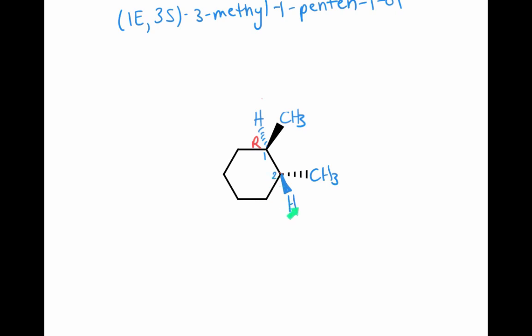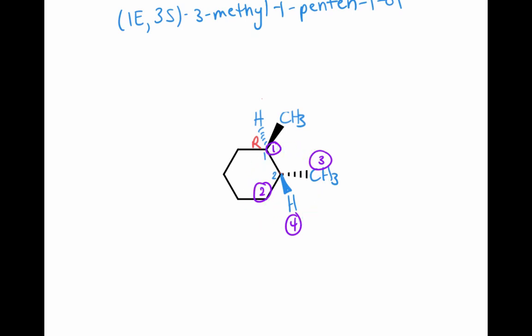Now, we know again that hydrogen is the 4th priority. And now if you look at this one, you're going to see our first priority is here, our second one is in the ring as well, and our third one is that methyl group. So now, when you think about this, if you say, well, I'm going from 1 to 2 to 3, it looks like I'm going counterclockwise.